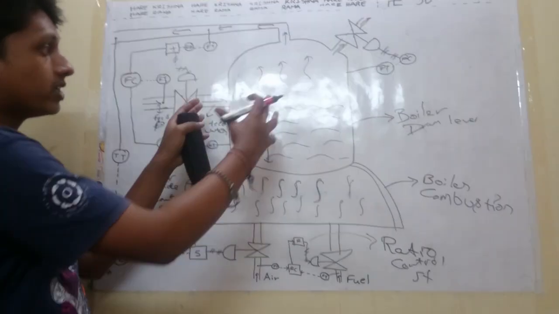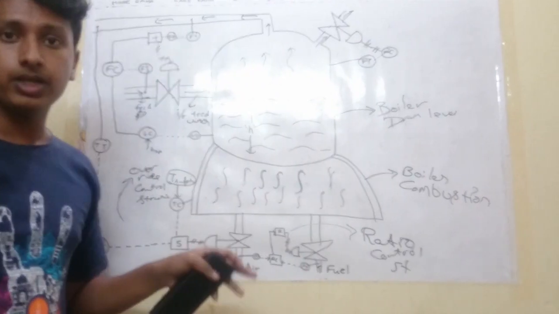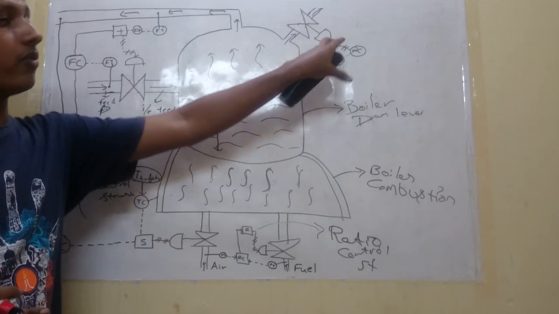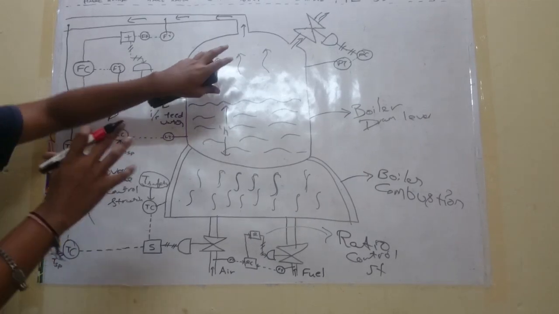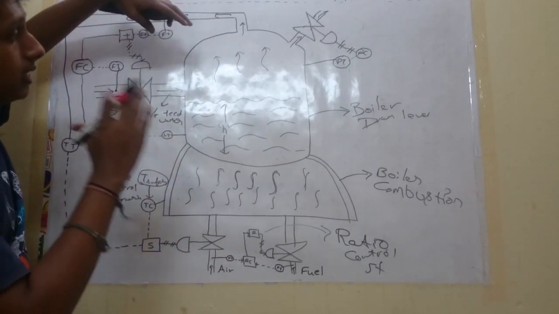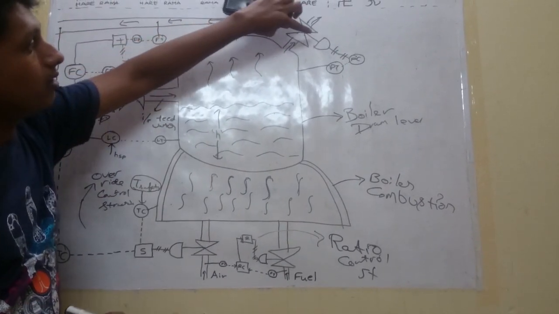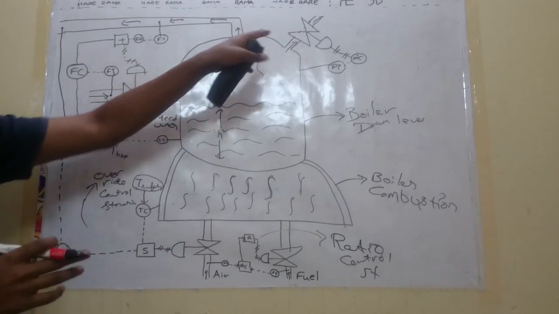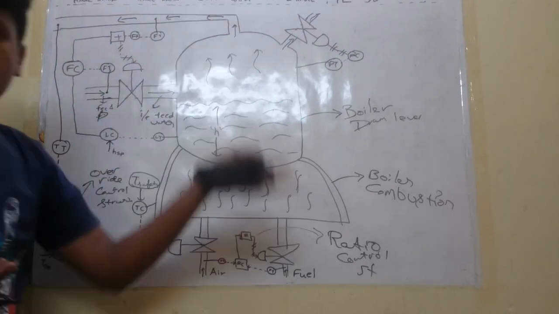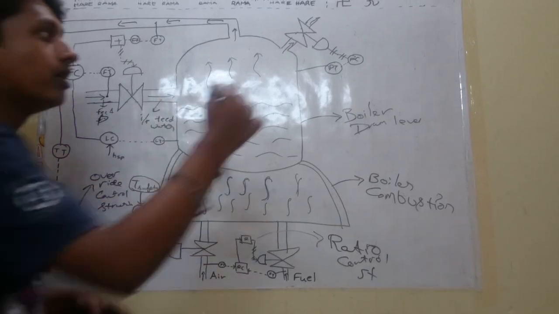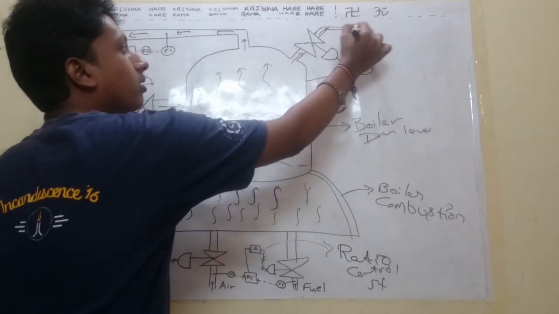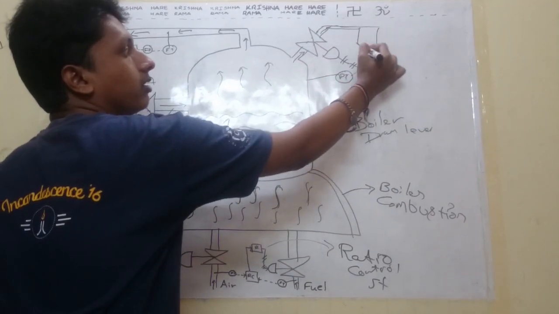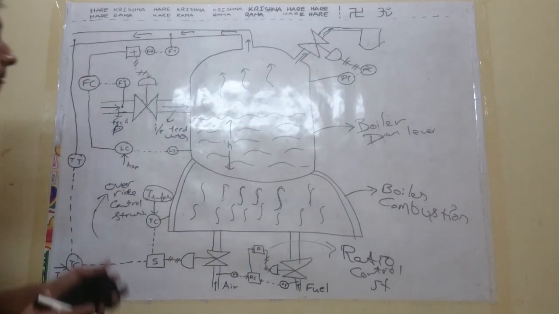We can put an algorithm here so that if pressure increases to a certain limit, the pneumatic valve will open and the steam will flow. We can't release that type of steam directly to the environment. In that case, we can attach this pipe to a stack or something, and after chemical reactions we can use that.